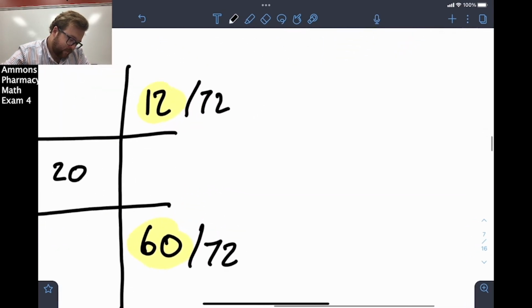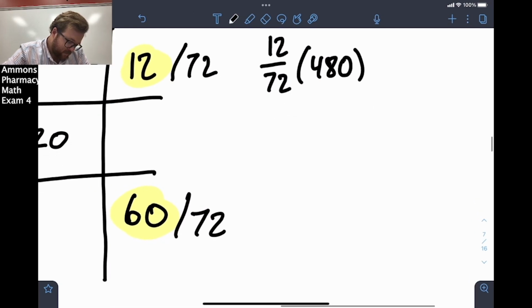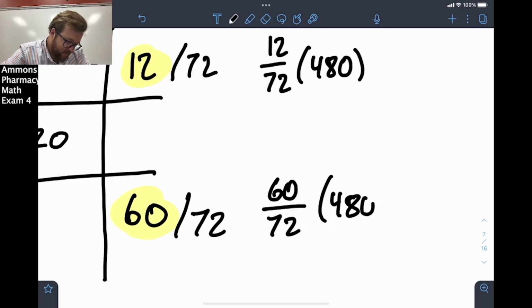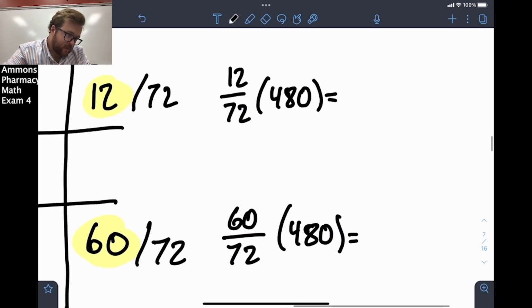So once again, we have 480 mils. So it turns into... we'll call that 80.